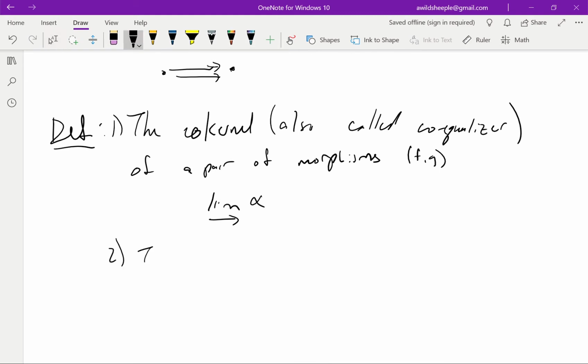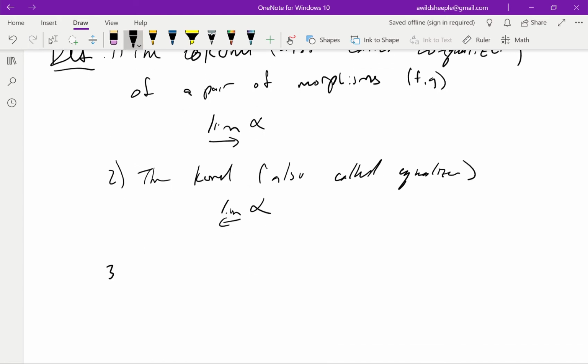And then we define the kernel, also called the equalizer, of a pair of morphisms to be the same thing, except we take the projective limit. And now we speak of sequences.